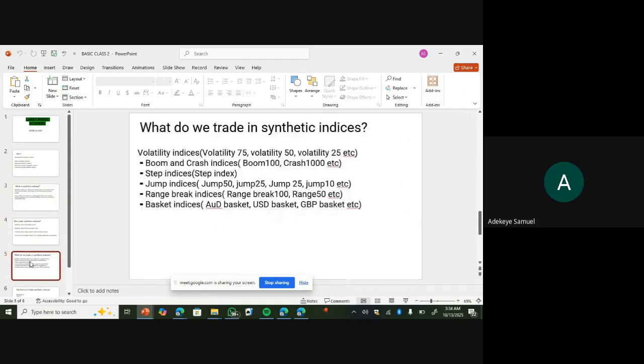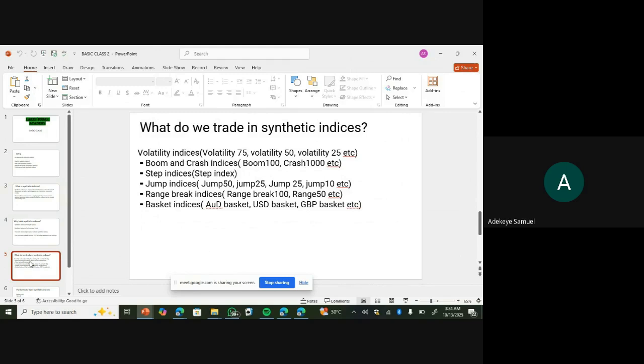So what do we trade in synthetic indices? Like we have different pairs in currency, synthetic indices also have their own pairs. In currency we have EUR/USD, GBP/USD, EUR/JPY, GBP/JPY, different pairs.